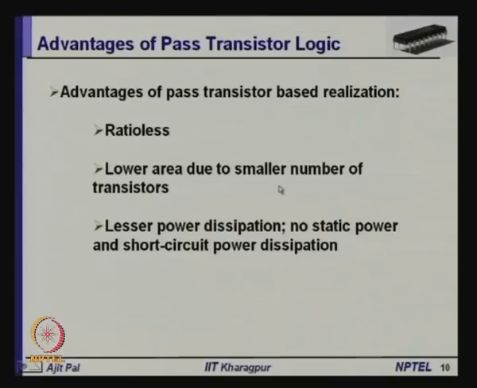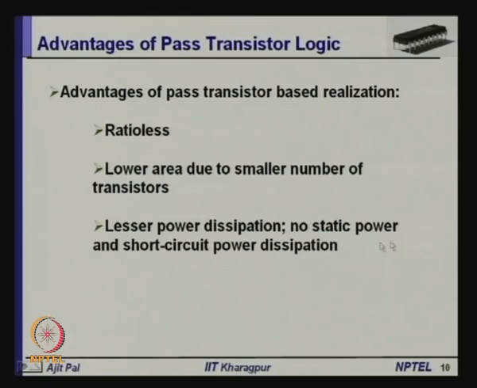Transistors are of smaller size and also you will require a smaller number of transistors. Later on we shall discuss the realization of some benchmark circuit, say full adder or other things. You will see the fast transistor logic realization will require a smaller number of transistors, and as a consequence the area required will be small. So, lower area due to smaller number of transistors, then lesser power dissipation.